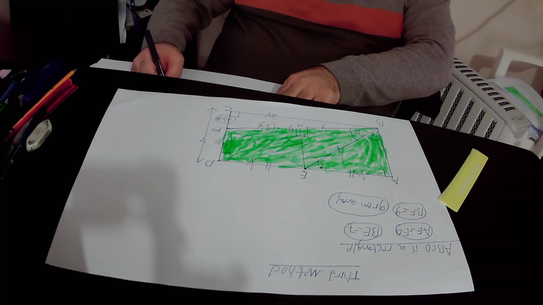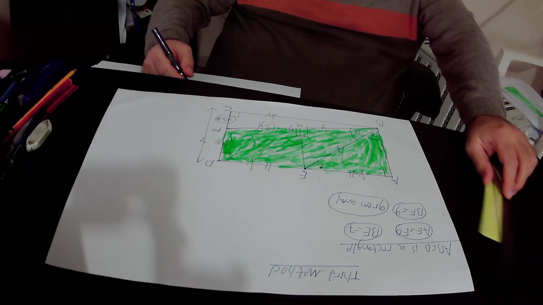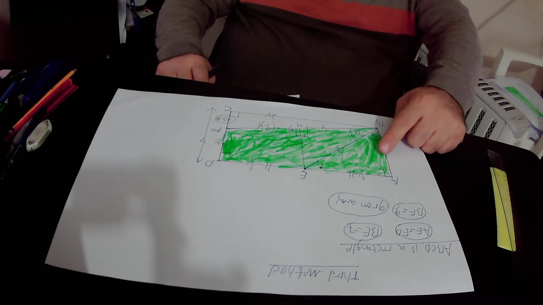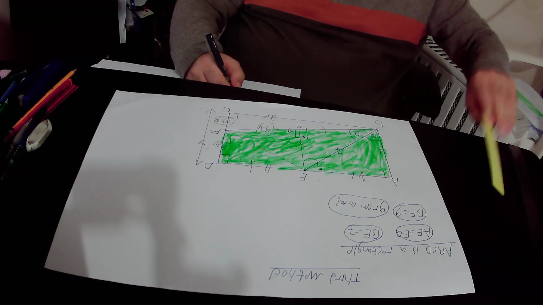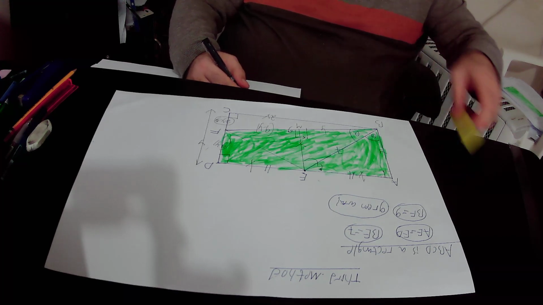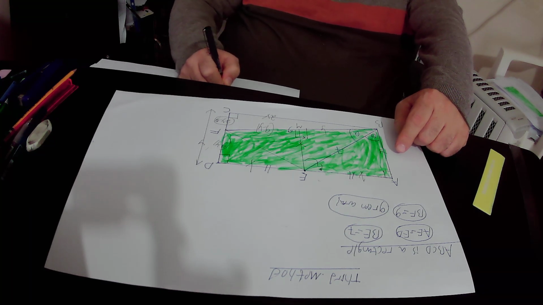And in the right triangle ABE, according to the Pythagoras theorem, x squared plus y squared equals 49.